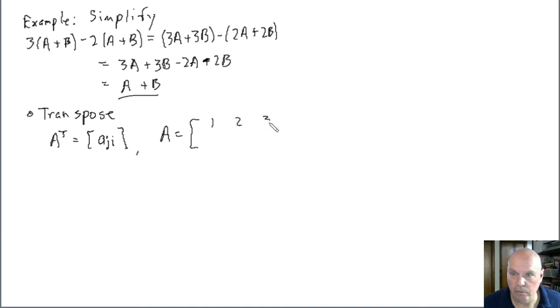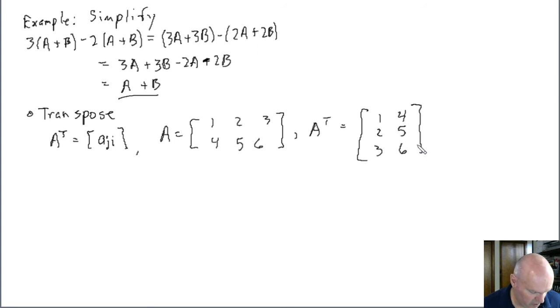Take the matrix 1, 2, 3, 4, 5, 6. A transpose would be, the first row becomes the first column. Similarly, the first column becomes the first row. So here I just swap the rows, and this is A transpose. Similarly, the transpose of a single column.